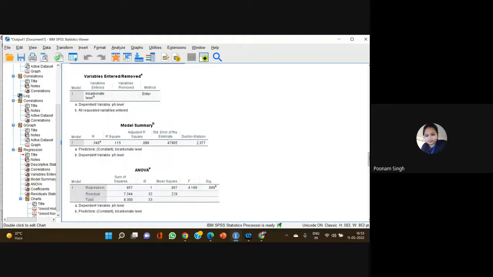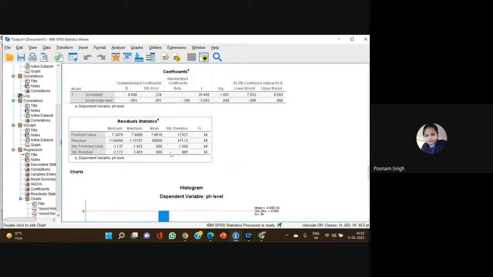To check for the outliers, I told you to see the residual statistics box. So let's see where the residual statistics box is. Here it is. Check the minimum and maximum.